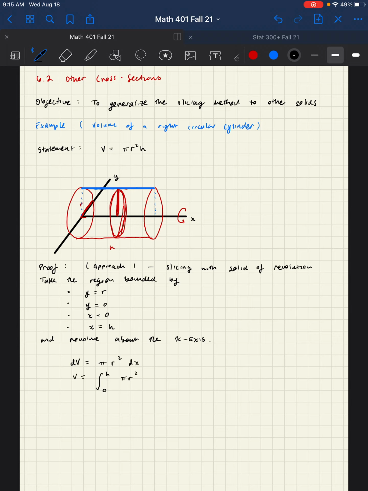Now, that means our volume, when we integrate from 0 to h, pi r squared dx, is going to be, actually, I don't need the integral symbol anymore because I'm just going to go ahead and integrate. So pi r squared x from 0 to h. And if we plug in h, we will just get the actual volume. Plug in 0 and you get 0. So this is pretty clearly our answer.